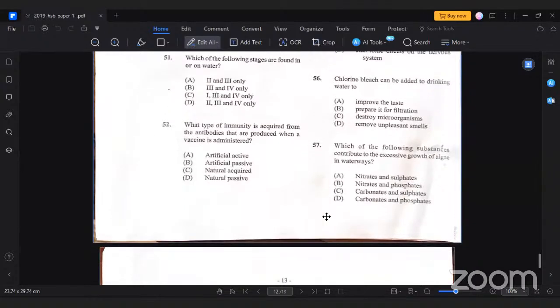Now we move on to 56, and it asks why chlorine bleach can be added to drinking water. Wonderful, Rapid J. Rapid J said cilia is a hair-like structure that can be found in the bronchus. It can also be found in the nasal cavity, so you find it in your nostril area and other parts of the body.